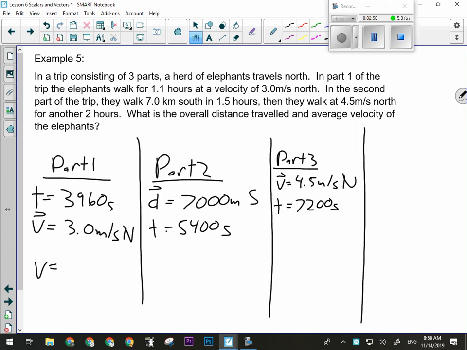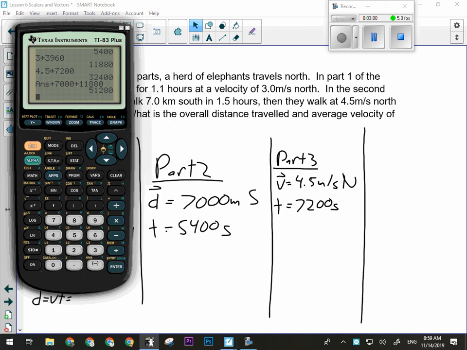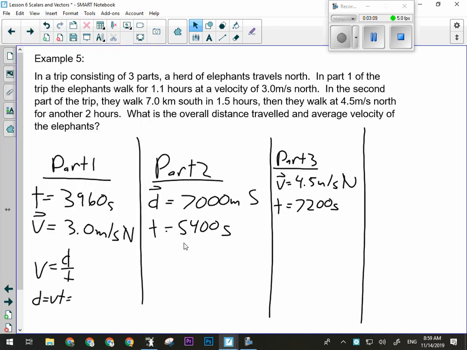I take V equals D over T, and I manipulate for D by multiplying the T over to the other side. So D will equal V times T. That'll be 3 times 3960. So they're going to walk 11,880 meters, and that's north.